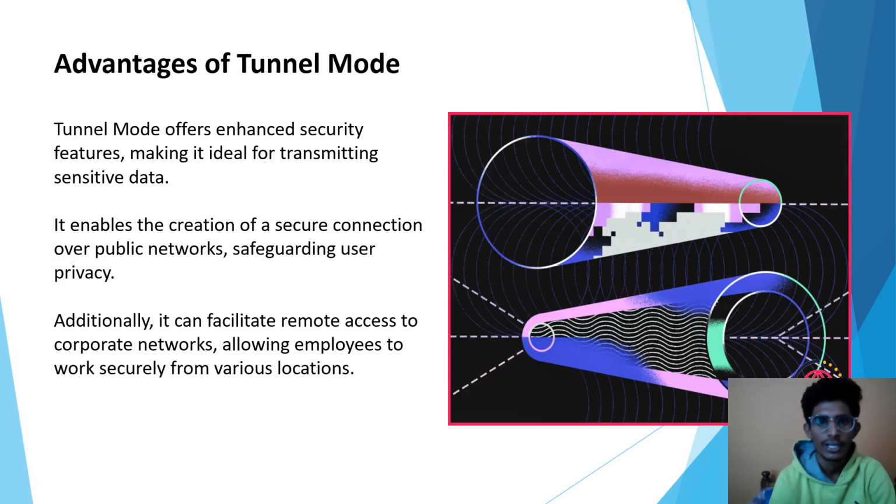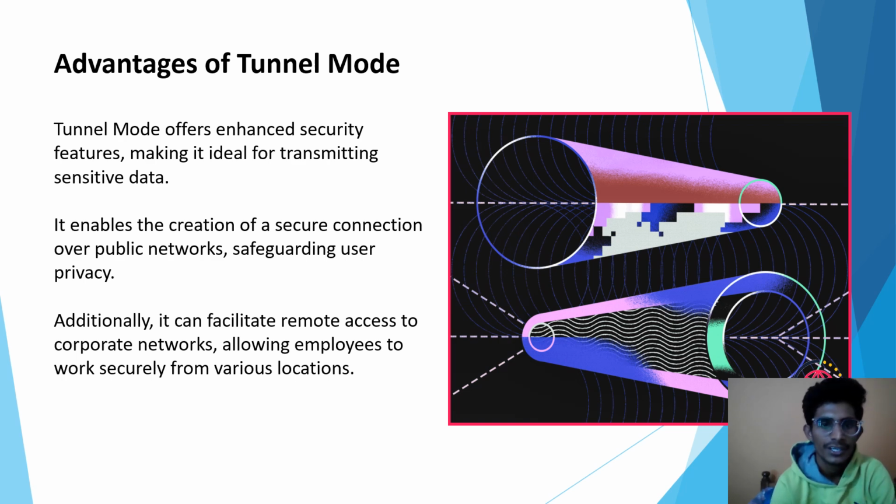Now the advantages of tunnel mode. The main advantage is that it provides a high security level. Tunnel mode offers enhanced security features, making it ideal for transmitting sensitive data. If you want to send sensitive data, tunnel mode is very useful to share secure and confidential data from a client to a server or from a server to a client.